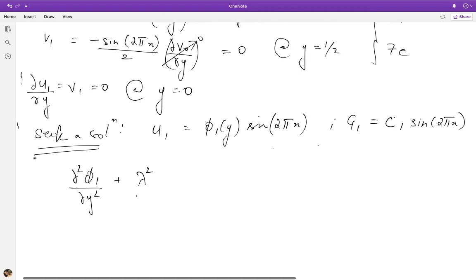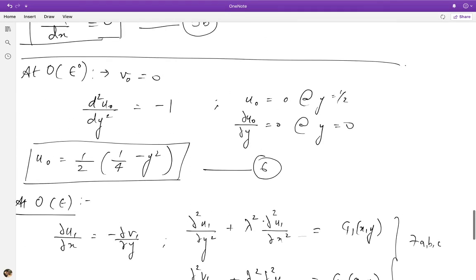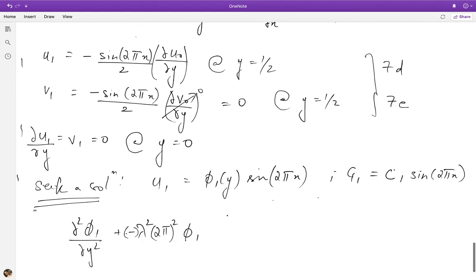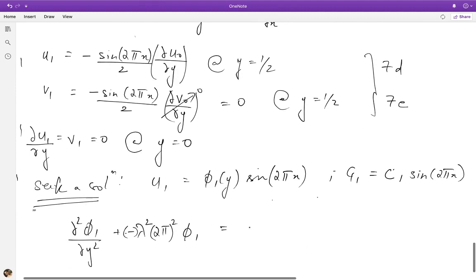This sin 2πx will give me a 2π times 2π, the whole squared, negative: when sine goes to cosine I'll get a 2π, when cosine goes back to sine I'll get a negative times 2π times sin 2πx again, and the φ1 will just pop out of that derivative, and the sin 2πx will cancel throughout and I'll be left with a constant c1.